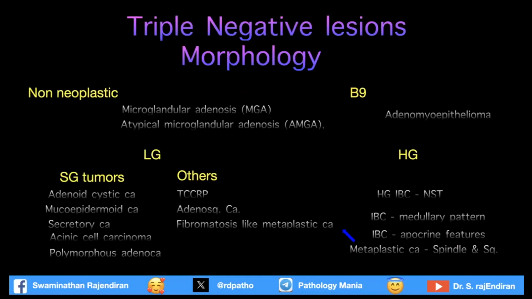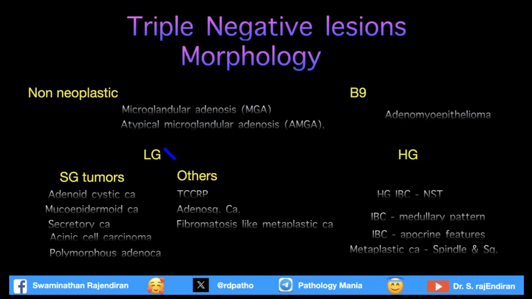And the triple negative lesions, morphologically, we can guess some of them are non-neoplastic. For example, microglandular adenosis and atypical microglandular adenosis are triple negative. Adenomyoepithelioma, a benign tumor, is triple negative.